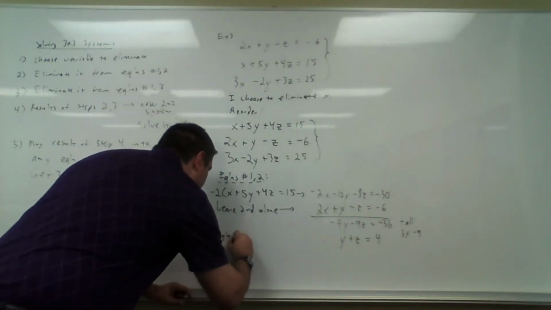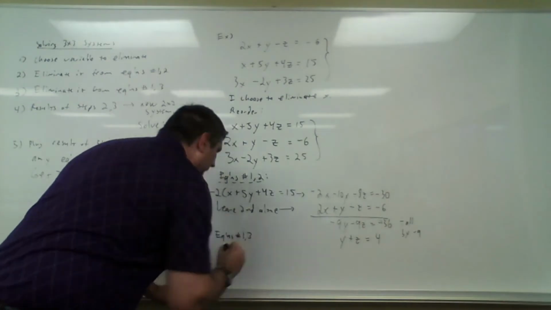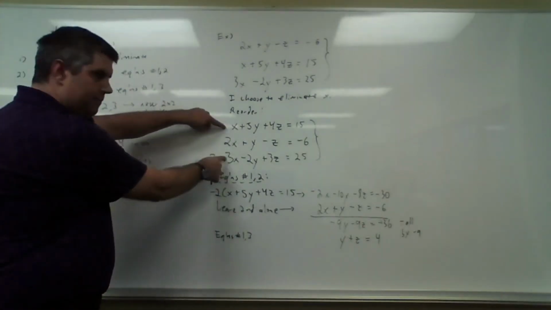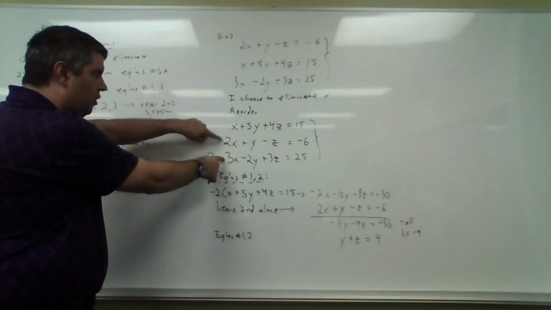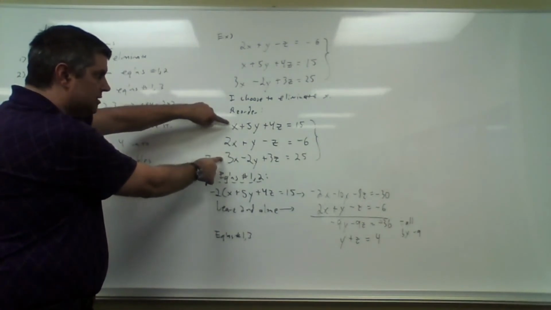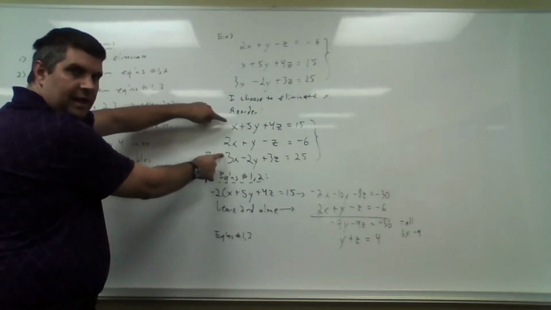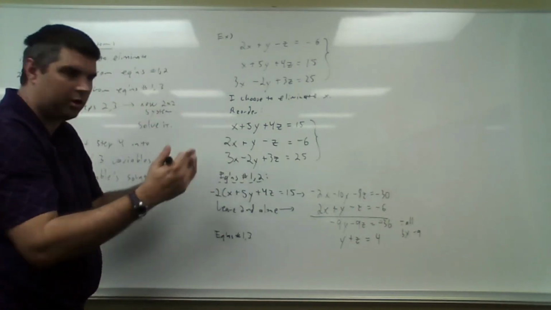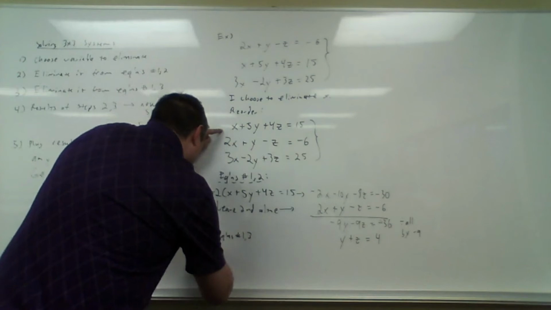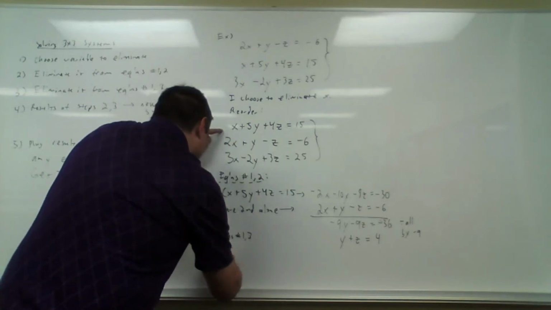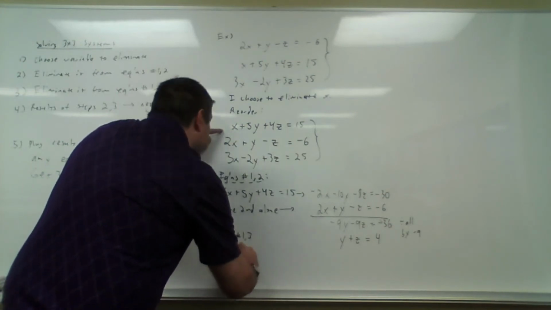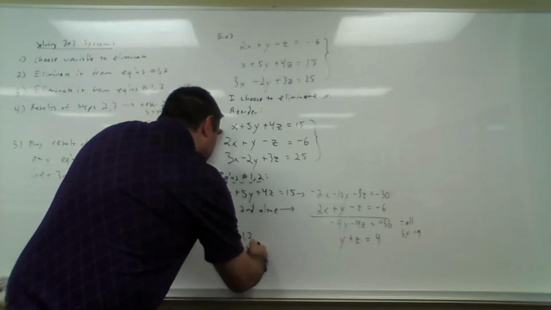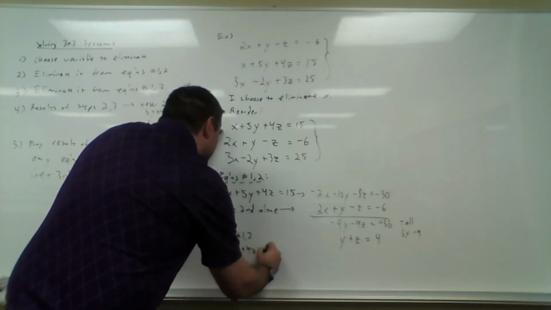Okay, next up, equations number 1 and 3. I'm ignoring 2 right now. The lowest number that 1 and 3 divide evenly is 3. So I need negative 3x and 3x in either order. So I'll multiply the first one by negative 3. We have x plus 5y plus 4z equals 15.